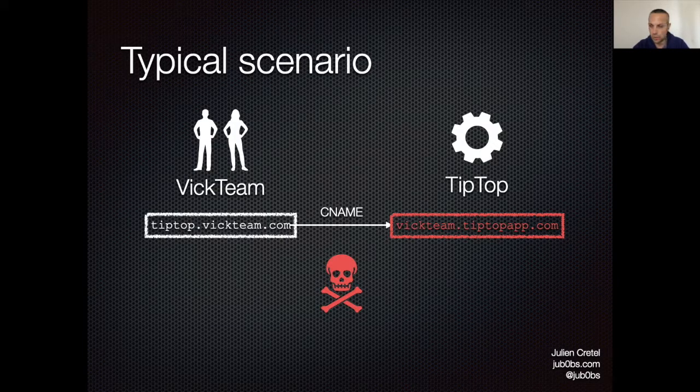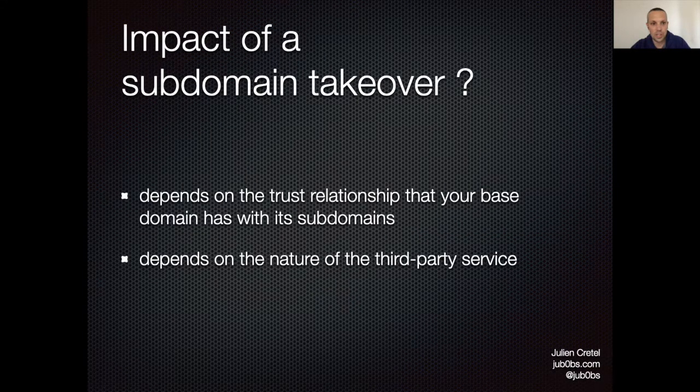I'm simplifying a bit. Some subdomain takeovers are more complicated than that. Some involve DNS records other than CNAMEs, but that should give you the gist of how subdomain takeovers happen. So what's the impact of a subdomain takeover?